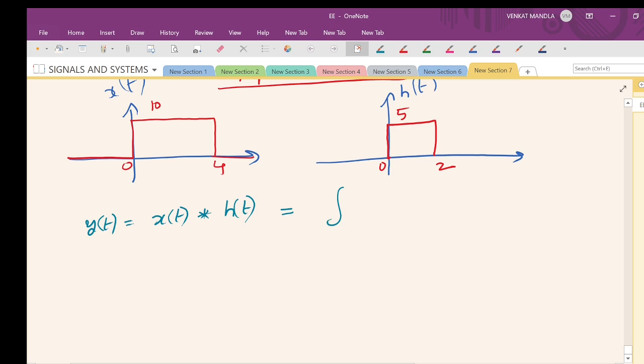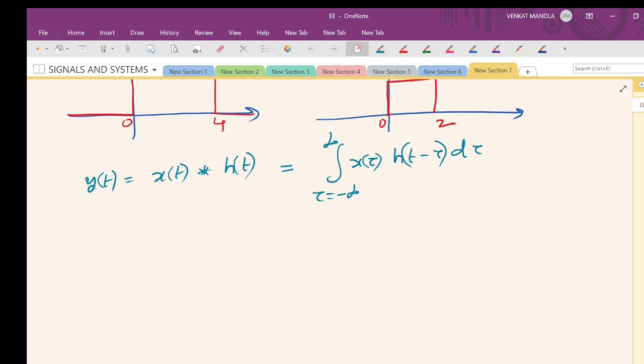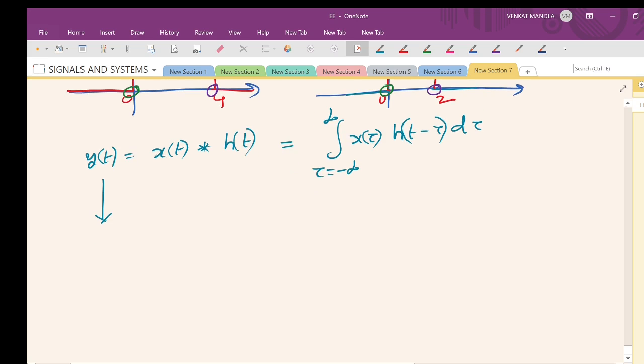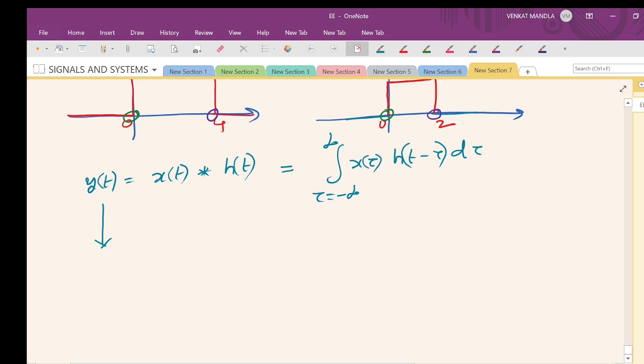The formula is the integral of x(tau) h(t minus tau) d tau, from tau equal to minus infinity to plus infinity, which I have already derived in the previous lecture. Now y(t): I already derived the extreme limits of the output, which are 0 plus 0 and 4 plus 2.